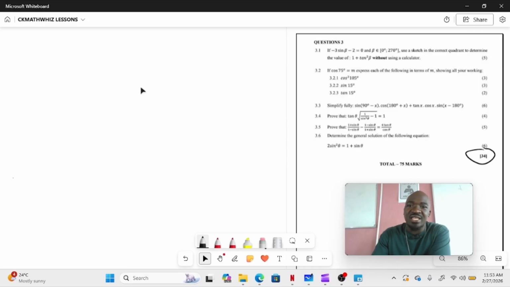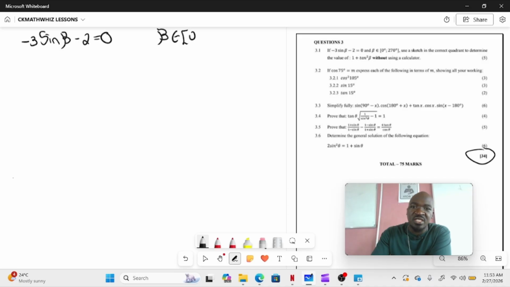3.1, guys, there we are given this, just a simple, we're given negative 3 sine beta minus 2 equals 0, and we're given that beta is an element of 0 degrees to 270 degrees.